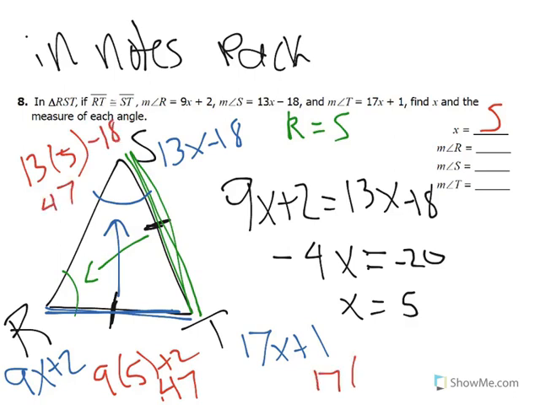And then 17 times 5 plus 1 will give you 86. So we can put those values on our answers. So 47, 47, and 86. And that would be a word problem where you need to draw the picture of an isosceles triangle. Now you're going to do some practice.